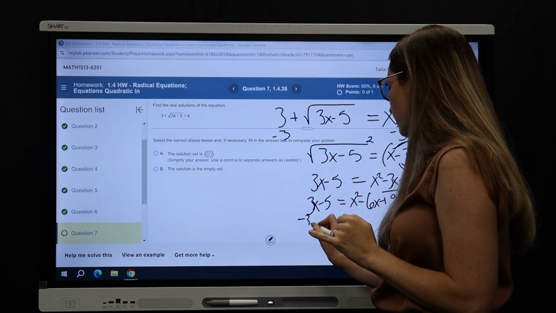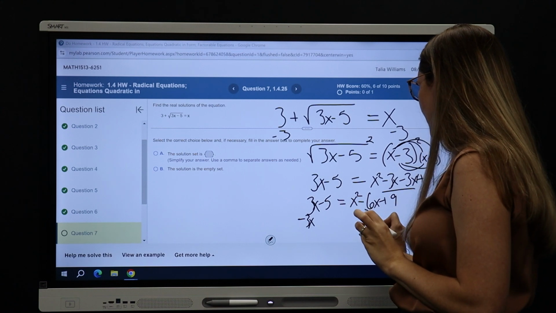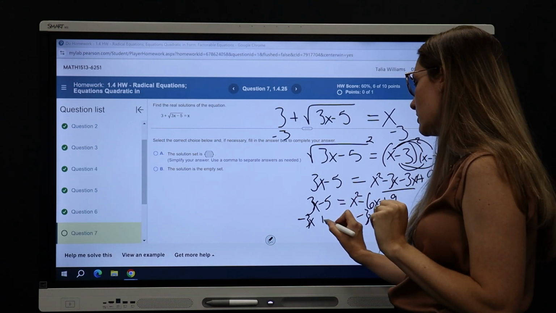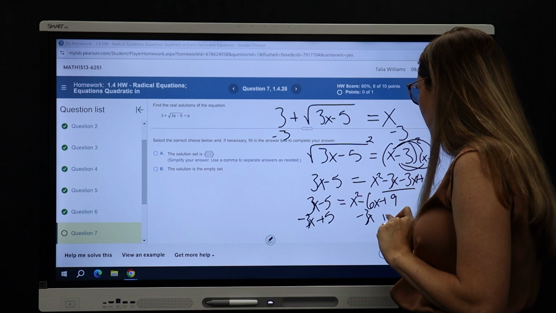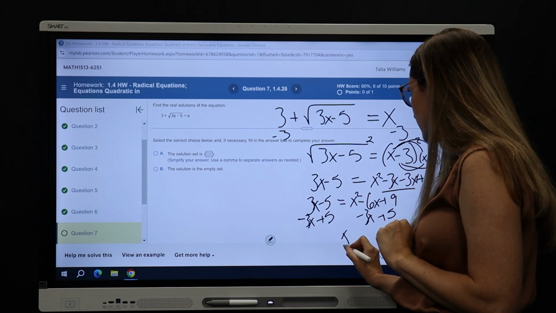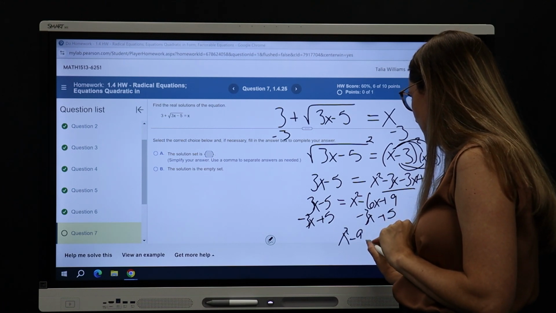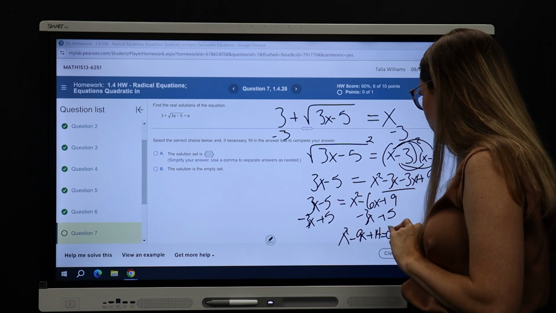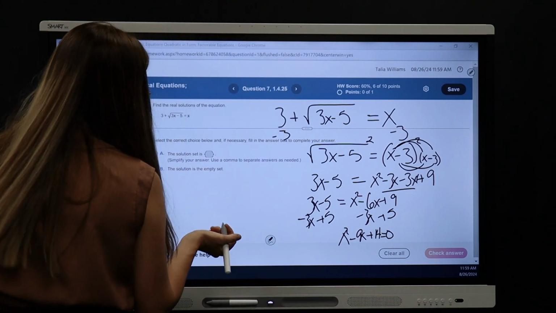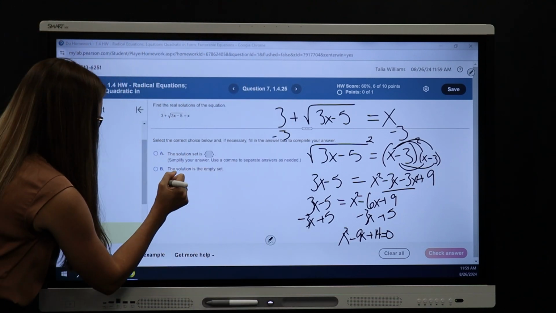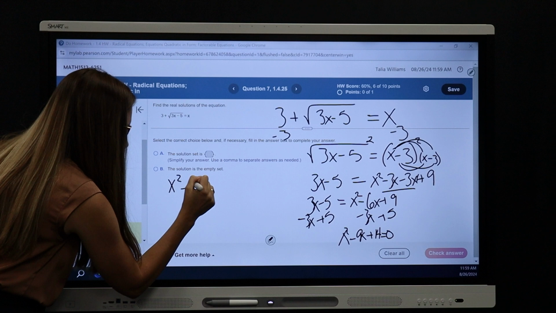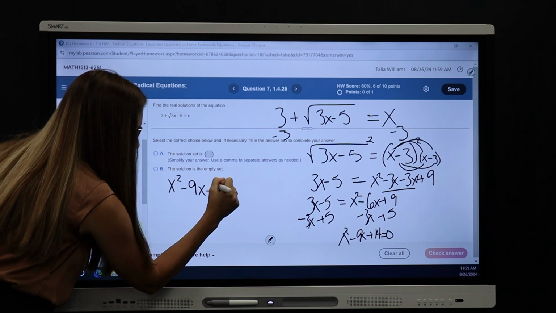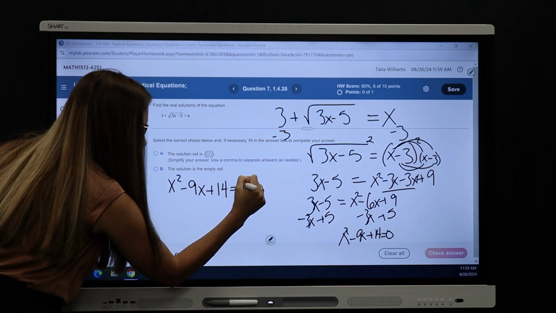Here we're going to have to move everything to the same side so that our equation is equal to 0 so that we can factor. So we have x squared minus 9x plus 14 equals 0. And I'm going to bring that over here and work with it. So I have x squared subtract 9x plus 14 equals 0.